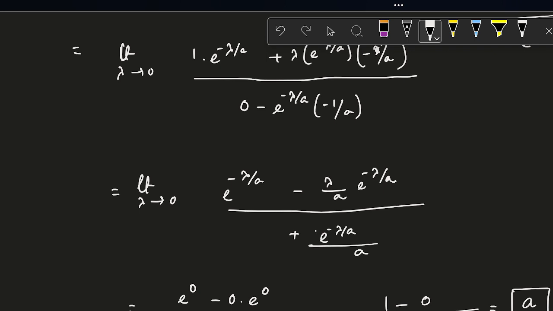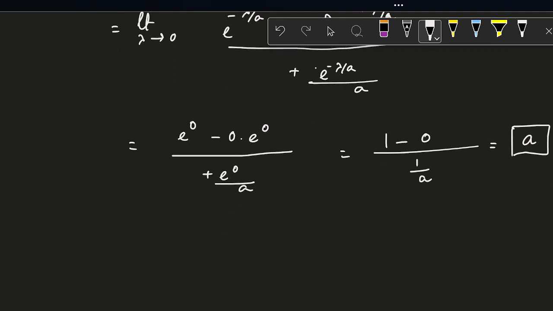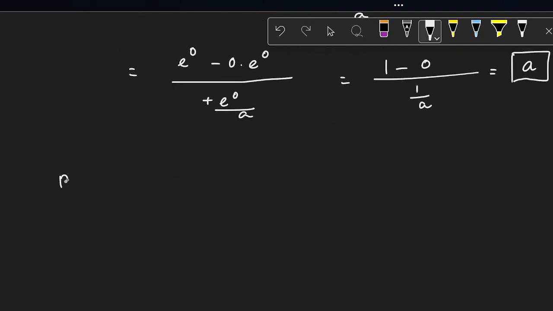So firstly, one part you have already done: you have solved the left hand side limit problem, and you have got the value of the limit as a. Now what you have to do is just check the right hand side integral, and that will be easy.